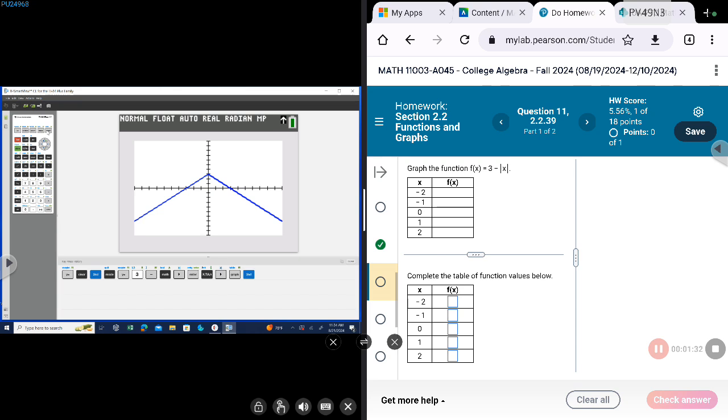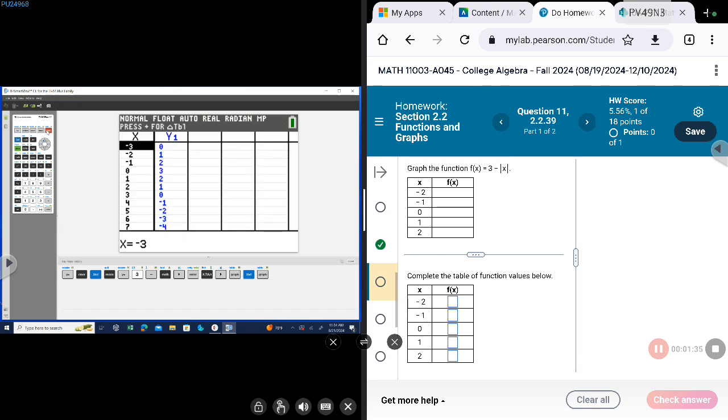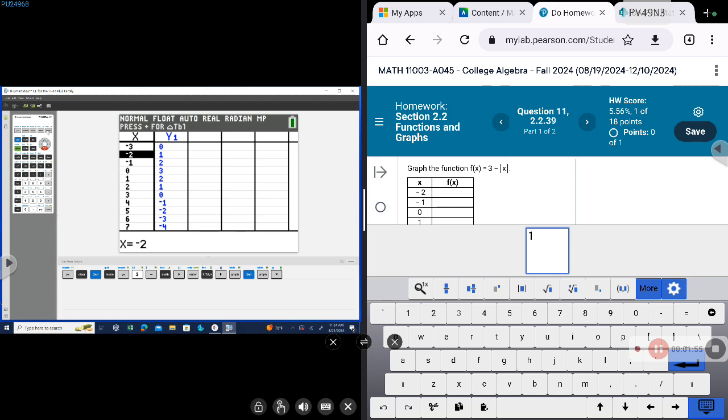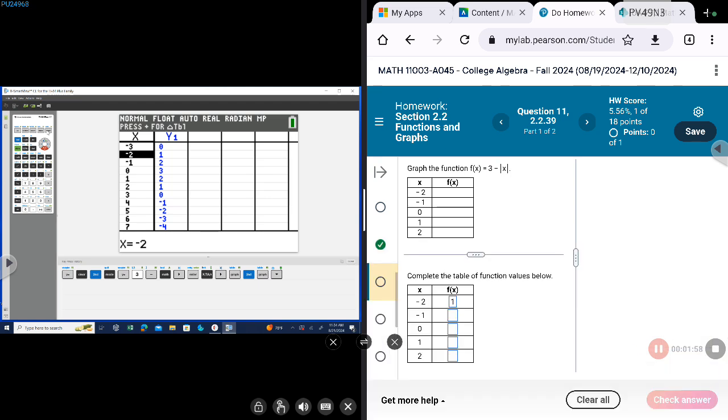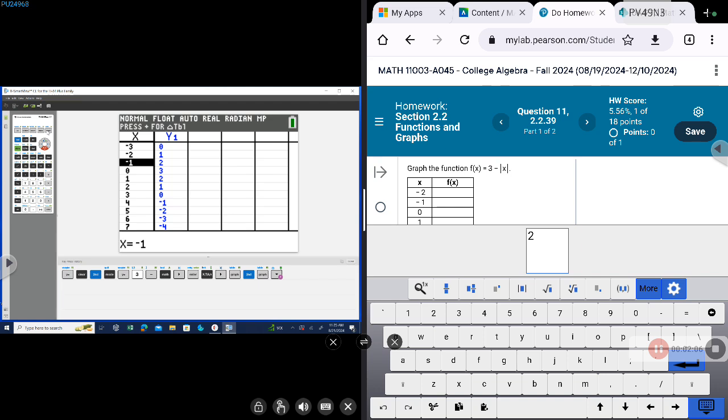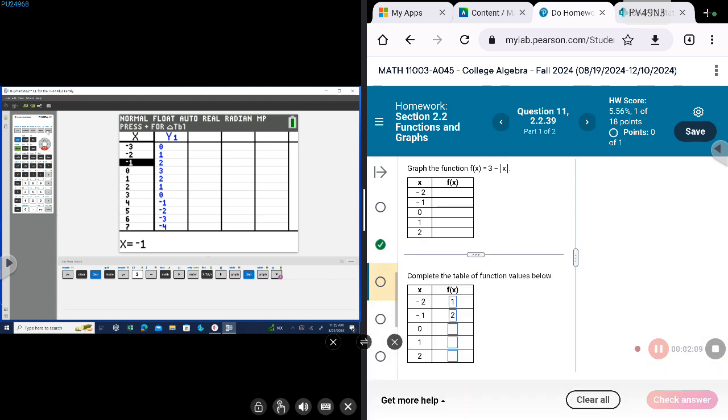So second, hit the graph key again, and here you will get all the values that you need to plug in to complete the table for the problem. So looking at the input -2, the output that will go with that will be +1. -1 input gives me a +2 output. 0 input gives me a +3.